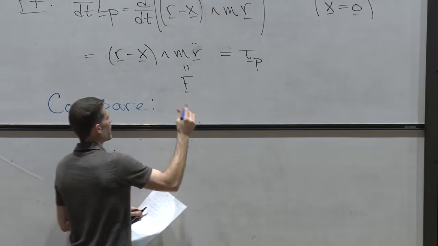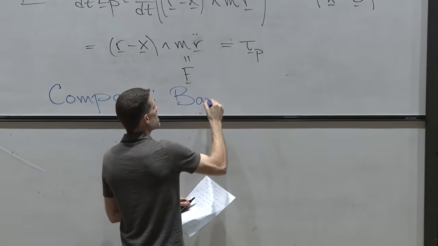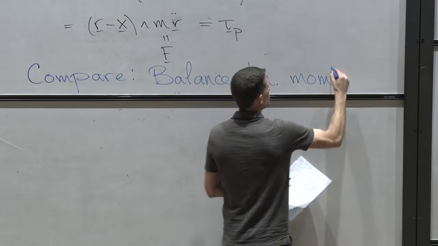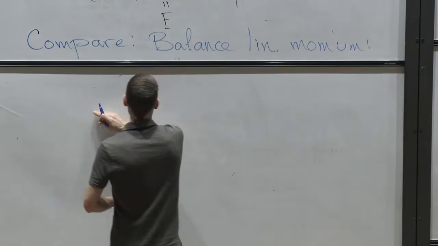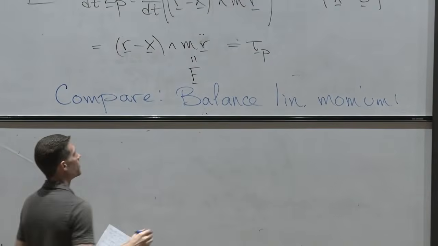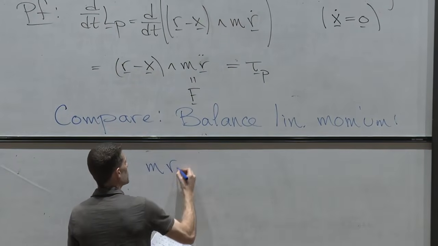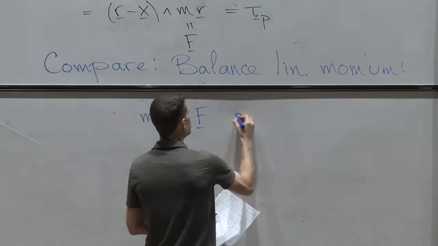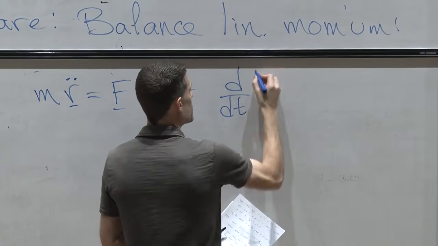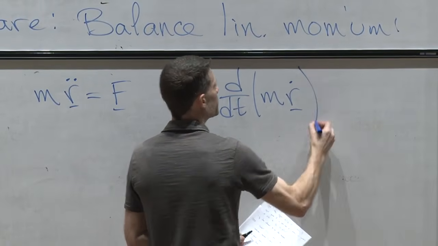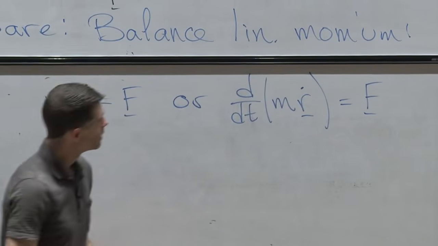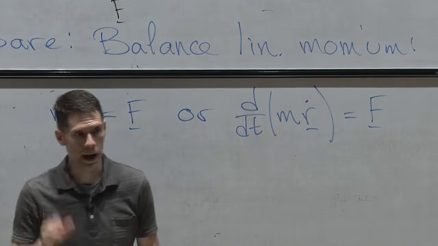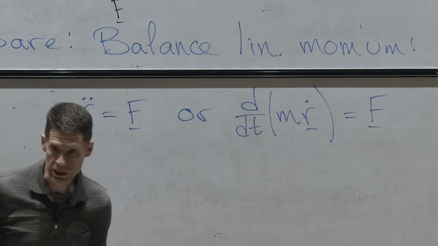The balance of linear momentum, which is our other name for F equals ma, is m r double dot equals F, but I could also write that equation as d/dt of m r dot equals F. And that's a nice way to write it because m r dot, mass times the velocity, is what we call the linear momentum.